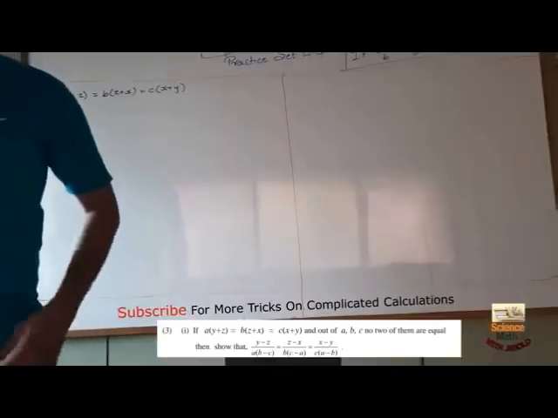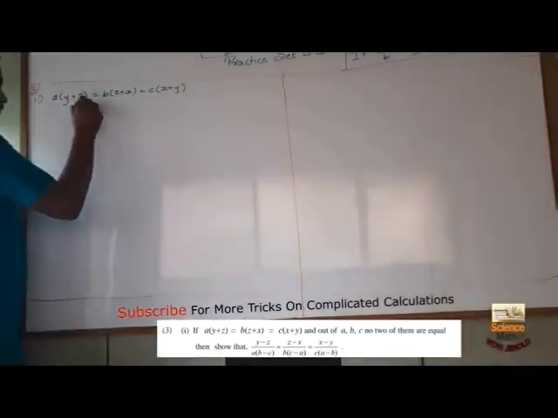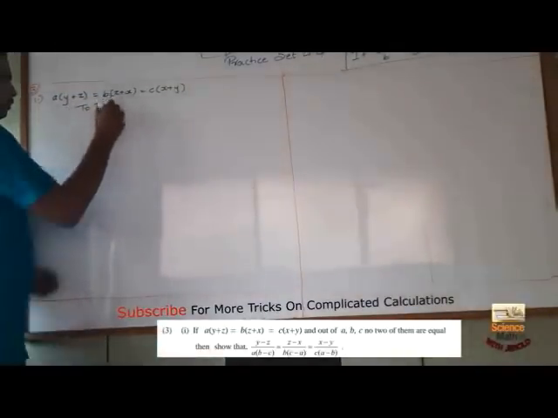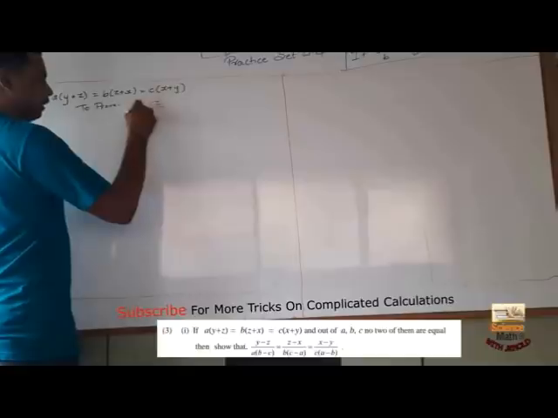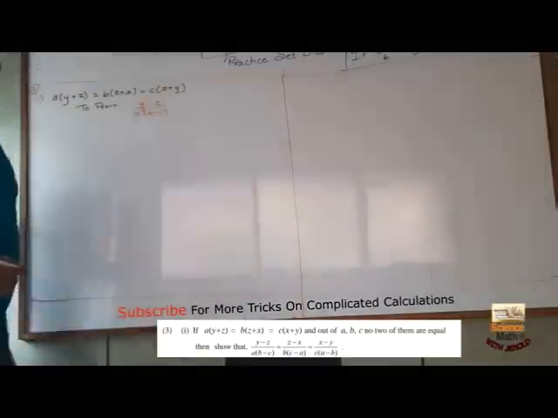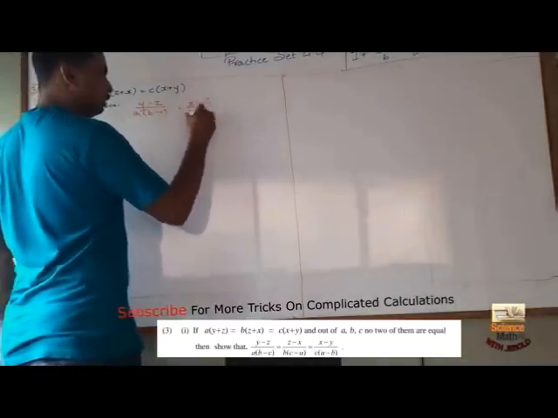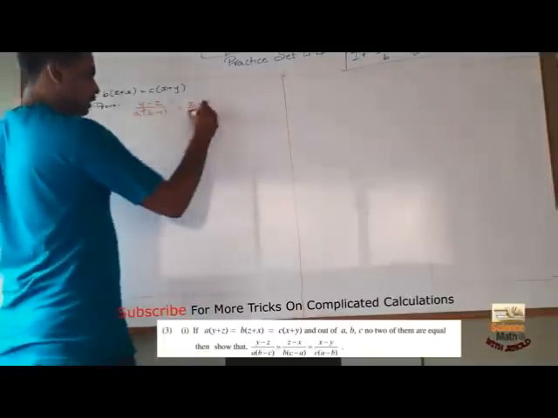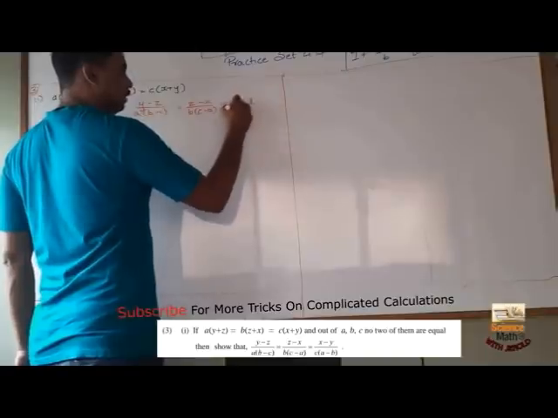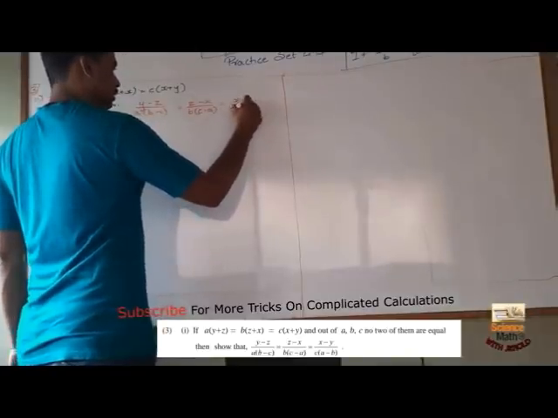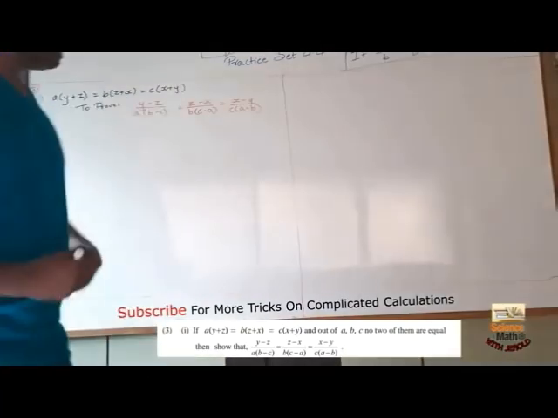a, b, c are not equal, and I have to prove (y − z)/(a(b − c)) is equal to (z − x)/(b(c − a)) is equal to (x − y)/(c(a − b)).